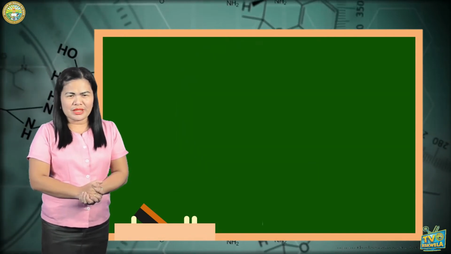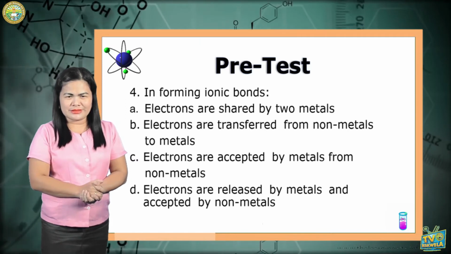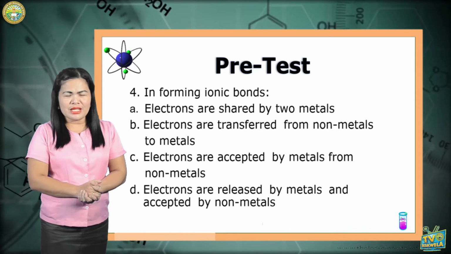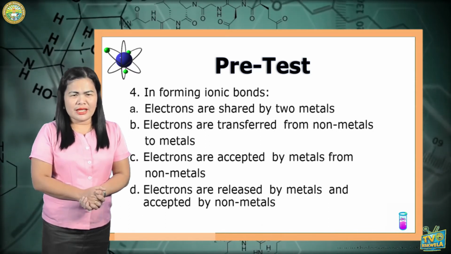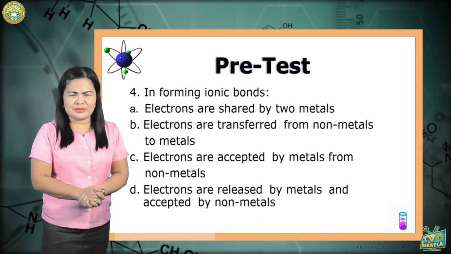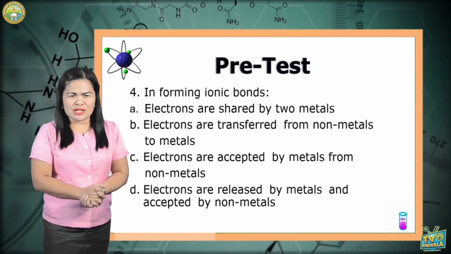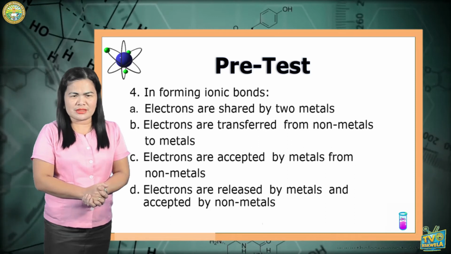Number 4. In forming ionic bonds, A. Electrons are shared by 2 metals. B. Electrons are transferred from non-metals to metals.